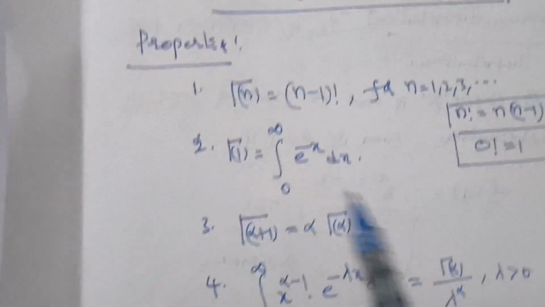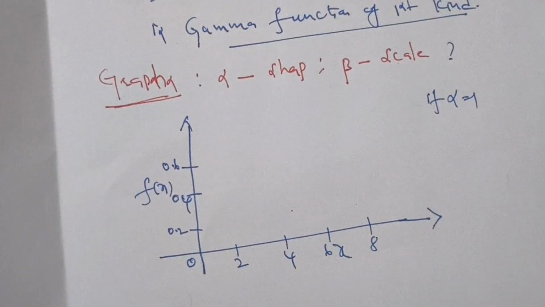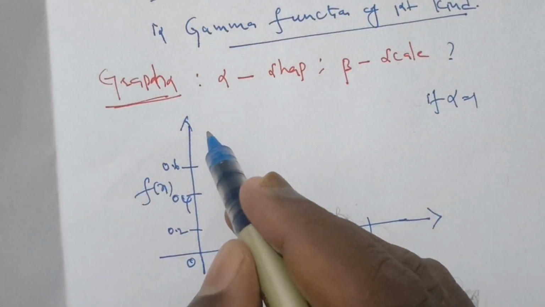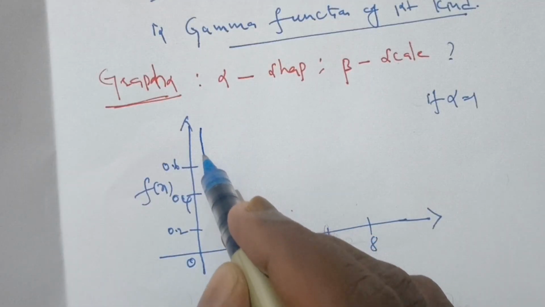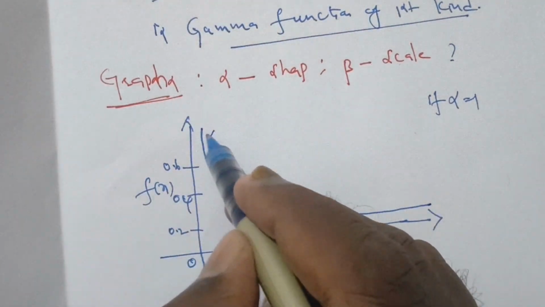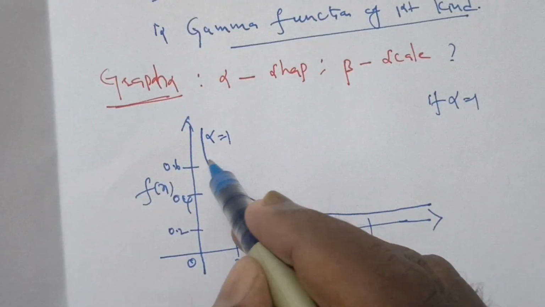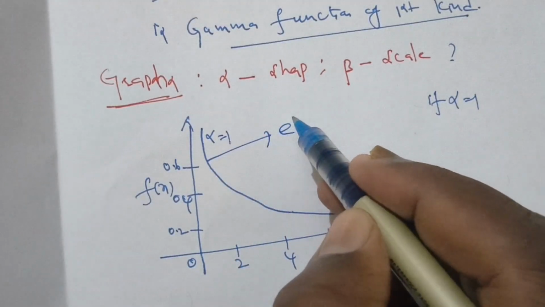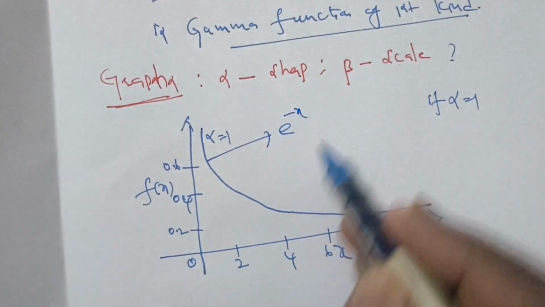Gamma 1 is the integral from 0 to infinity of e power minus x dx, which means the exponential function. We know the exponential function graph is like this. This occurs when alpha equals 1. This is the graph of e power minus x.